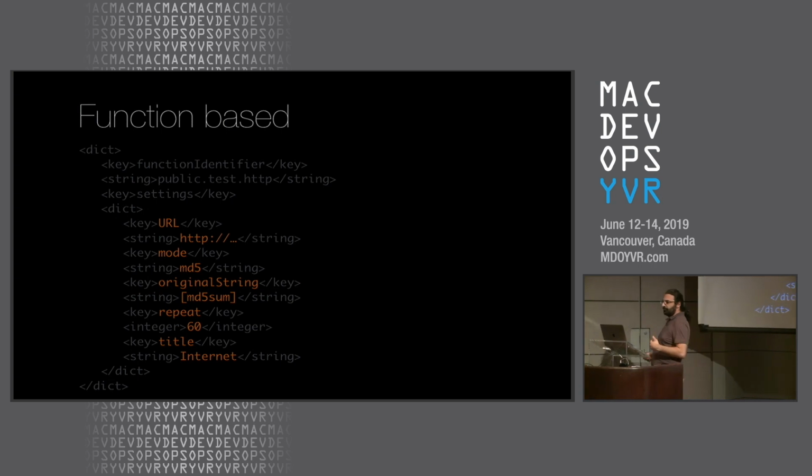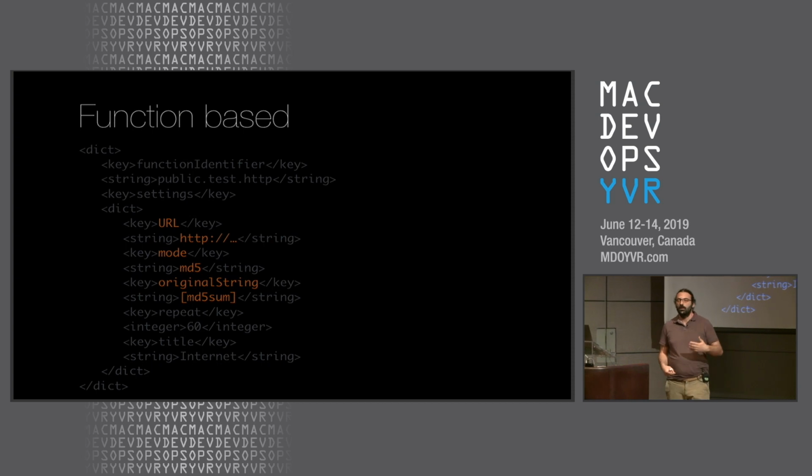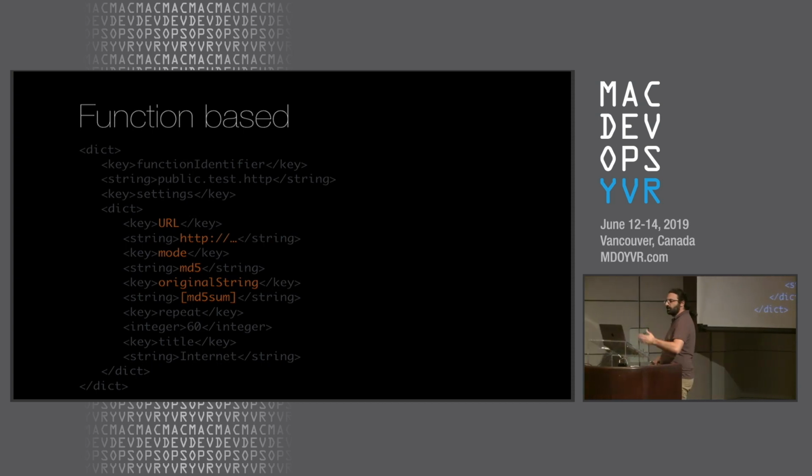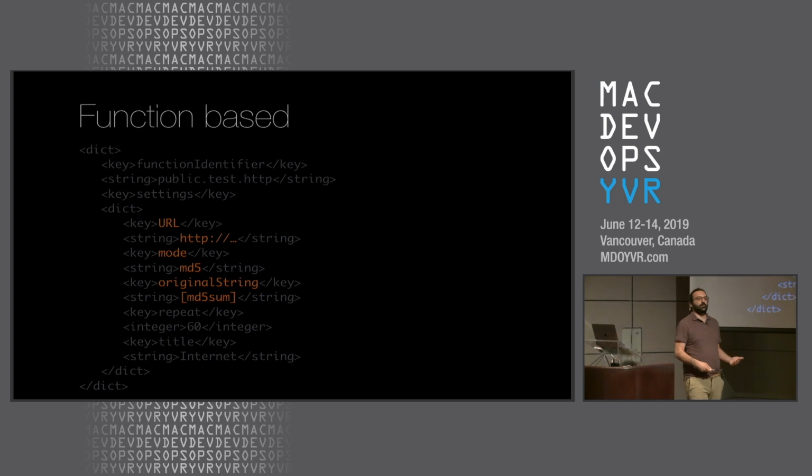For example, with the test HTTP function, you have the target part in the payload, like which URL I want to test, what will be the validation method, MD5, pattern searching inside, etc., and the value to compare with. So for example, here, it will load the page, do an MD5 checksum, and check if the checksum is the same as the one we planned.